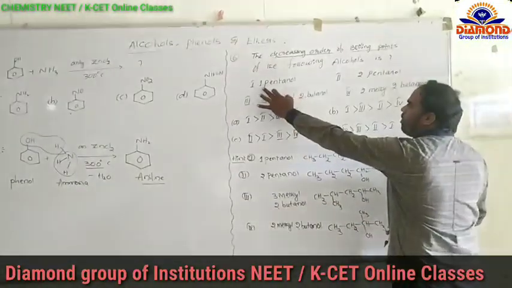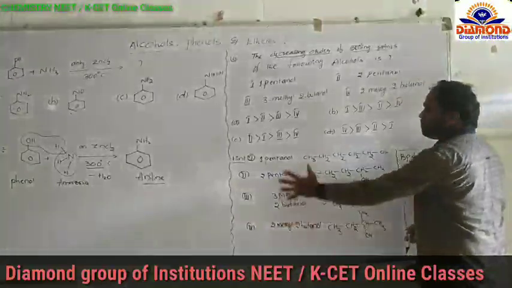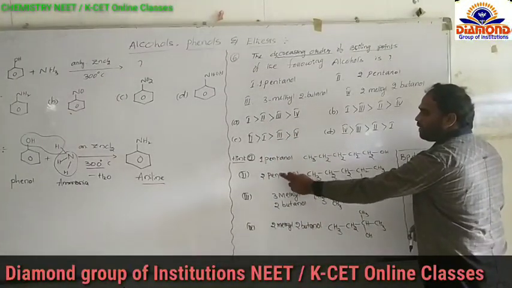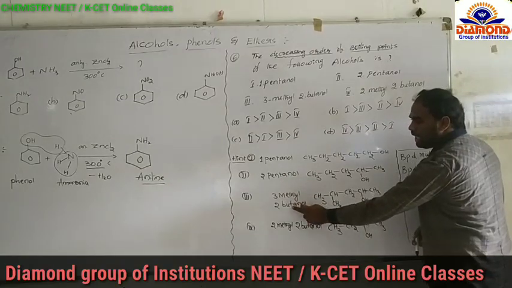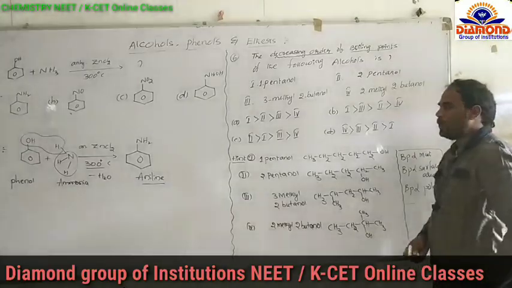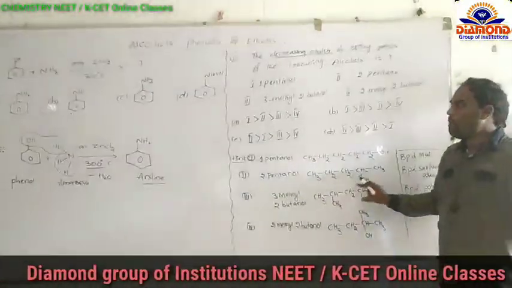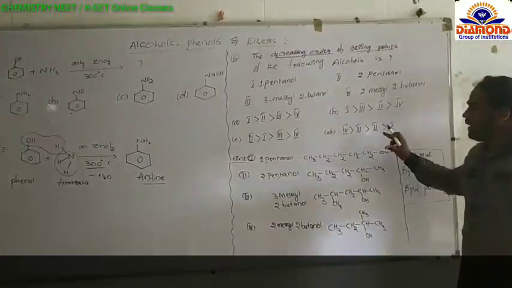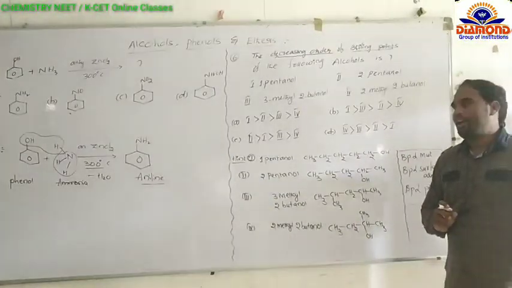See here, 1 pentanol. So for this question, this is the hint: 1 pentanol, 2 pentanol, 3 methyl 2 butanol, and 2 methyl 2 butanol. So these four compounds contain alcohol. They are comparing these alcohols' boiling point values.